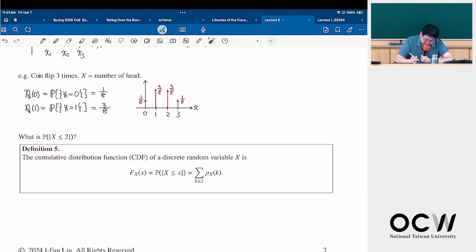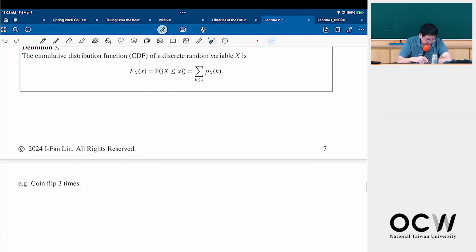For the continuous random variable, later on we will learn that, then we will do the integration. So this summation means that I consider all the cases that this random variable is less than or equal to that certain value. So here we have k less than or equal to x, and I will consider all these possible situations and sum them together.